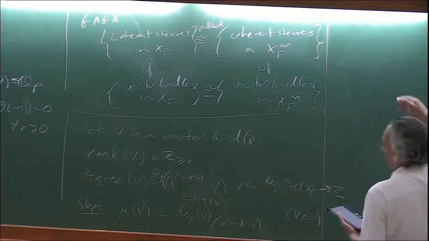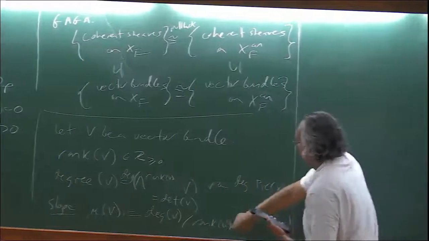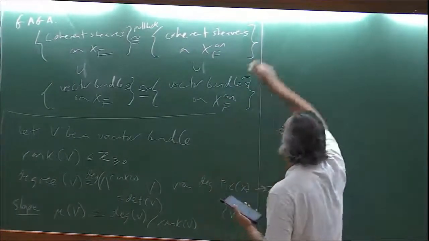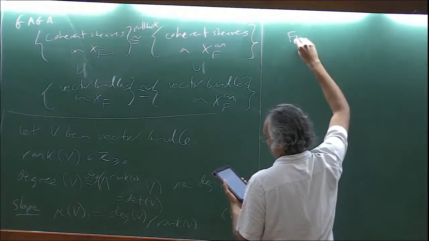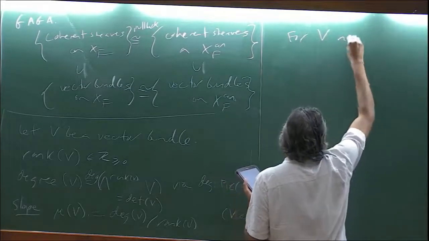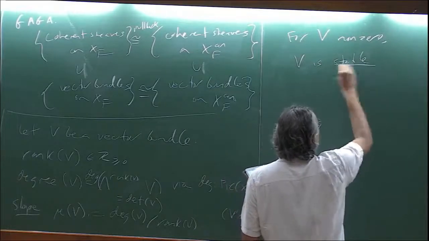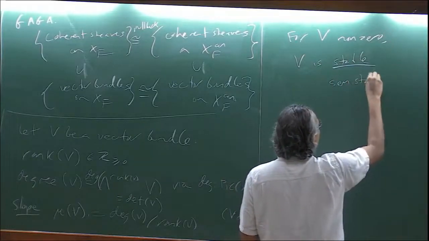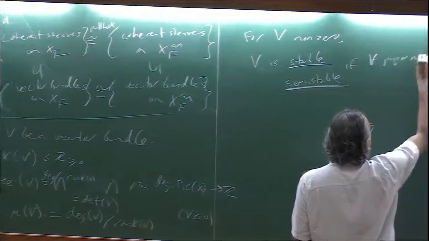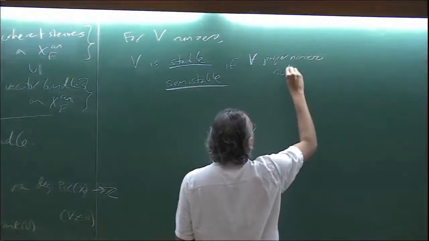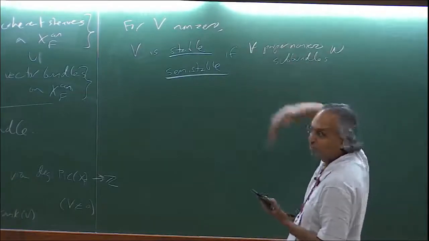And so the key definition here now is, well, this is one key definition, and once you've made this definition, it's natural to make this one. For V, if V is non-zero, I'll say that V is stable or semi-stable if for all proper non-zero subbundles, proper meaning it's not the whole thing, not proper in the sense of a proper morphism.